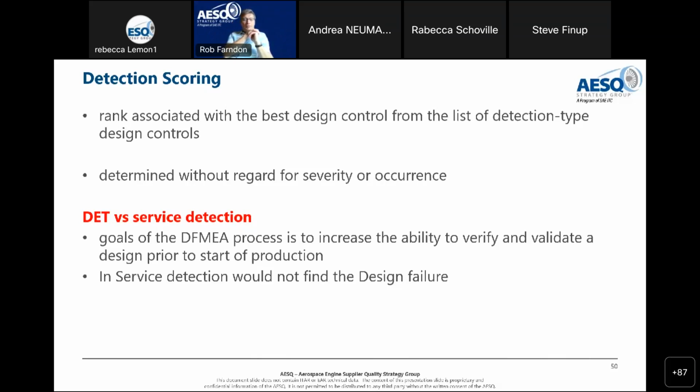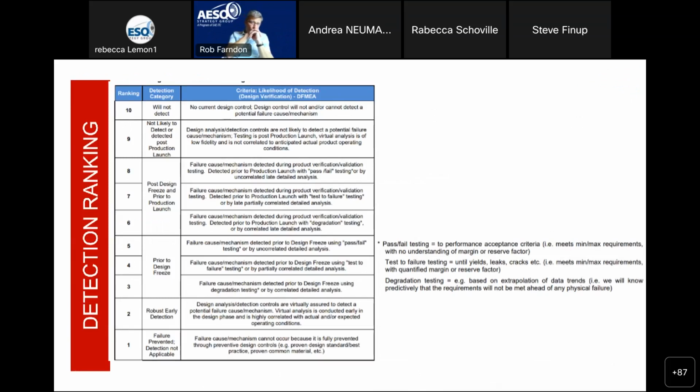Okay. Could I have the next slide, please? Here we see the detection rankings inside the DFMEA. Again, this is a fairly standard sort of list of the detection rankings. You see within two of the main blocks there, we've got our distinction between pass-fail testing and testing to fail, failure testing and degradation testing.